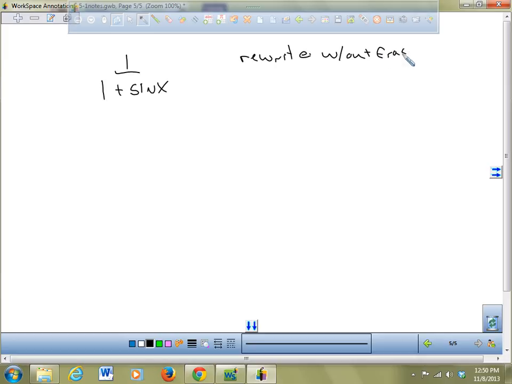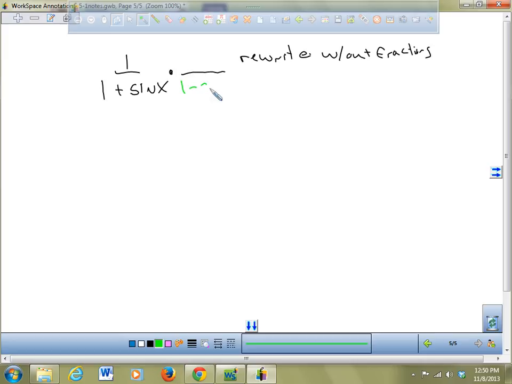So this is kind of like what you did when you had i's, and you're trying to get rid of the i's. How did I get rid of the i's? Multiplied by the conjugate. So that's what you do here. You multiply the top and the bottom by the conjugate of the bottom.